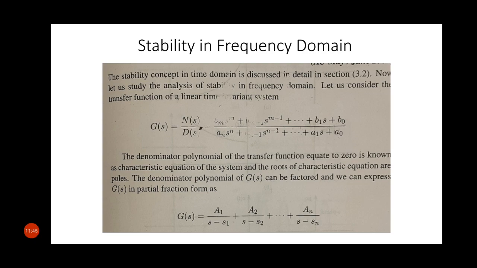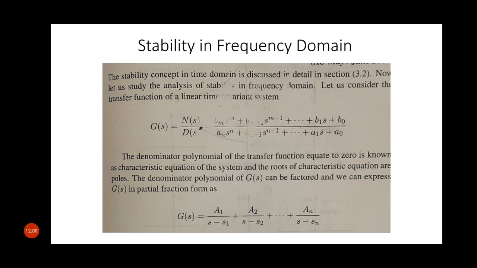Now I will discuss stability in the frequency domain. We have already known that a system is said to be bounded-input bounded-output stable if for every bounded input the output is bounded.